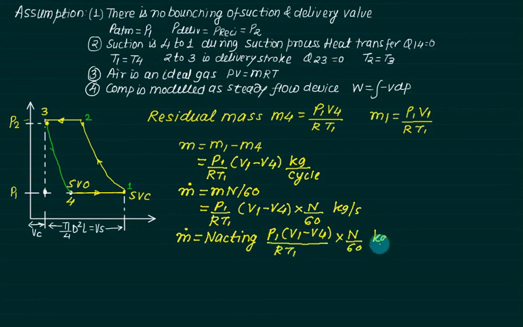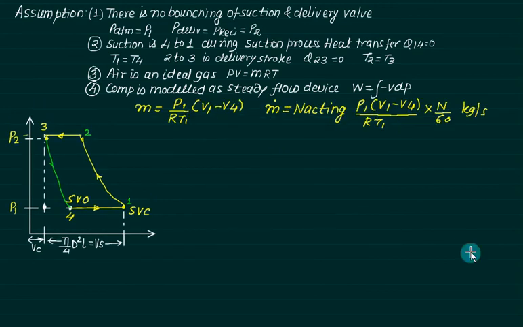This is a universal equation, which can be applied for single acting as well as for double acting. So, two equations: one is m for a single cycle, P1 (V1 minus V4) upon RT1, and m dot equals number of acting into P1 (V1 minus V4) upon RT1 into N by 60. This one is the mass flow rate, and this is the fresh mass inducted.